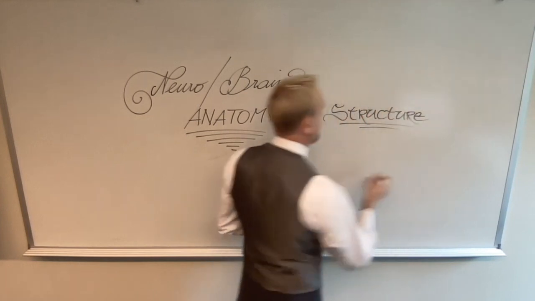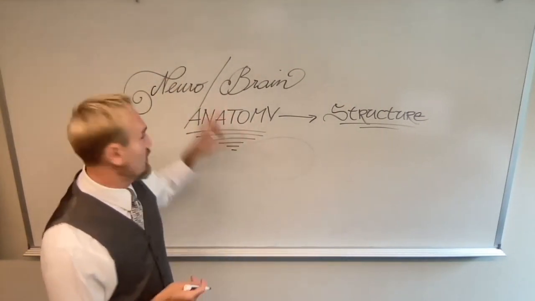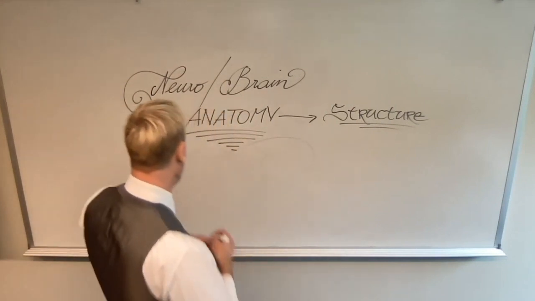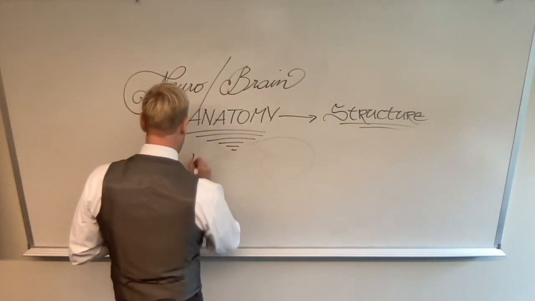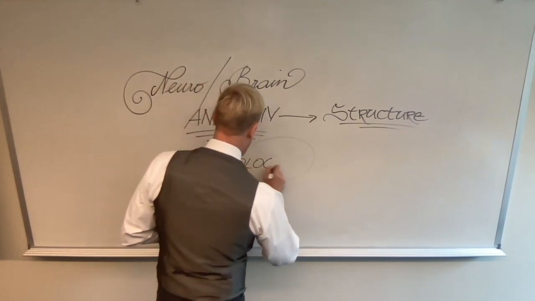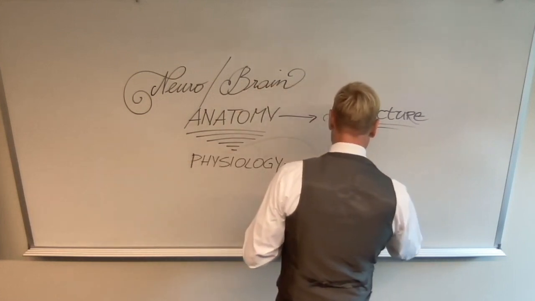Part 2, because we did a little of that when we went into 2. And the second thing, also neuro or brain, but this time will be physiology, or function.